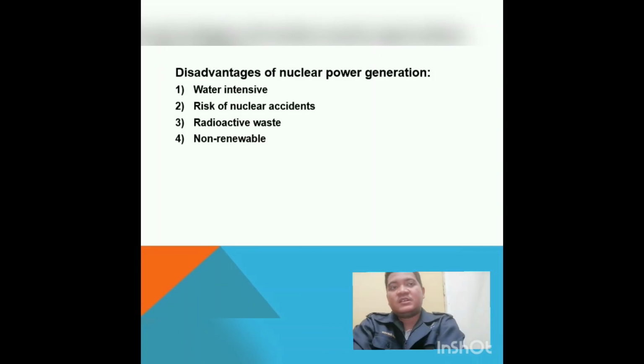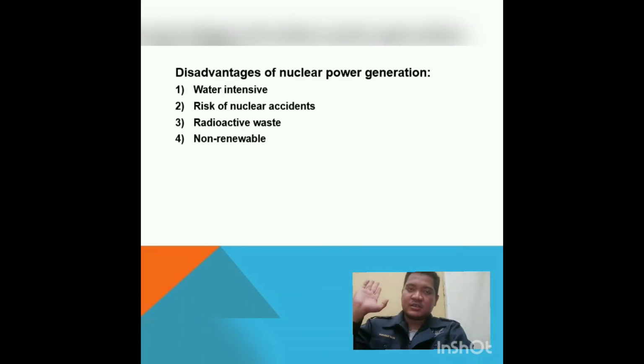The second disadvantage is the risk of nuclear accidents. Nuclear power stations are subject to stringent safety regulations, but accidents do happen regardless of how cautious you are.